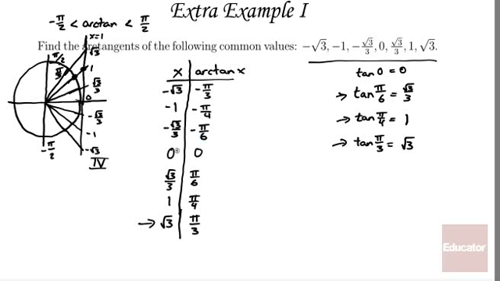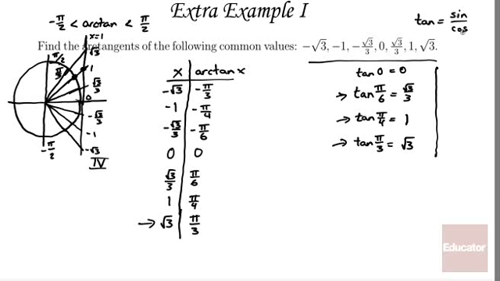So there's really two things that are key to being able to find arctangents. The first is knowing your tangents of the common values. And again, if you can't remember those, just remember that tangent is sine over cosine. And if you remember the sine and cosine of the common values, all comes back to those triangles, then you can figure out the tangents.